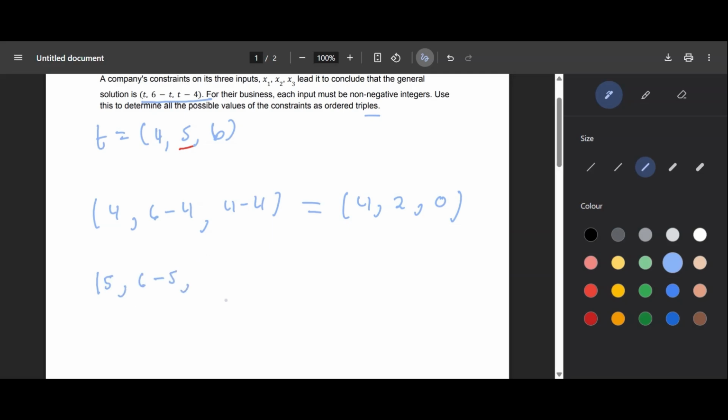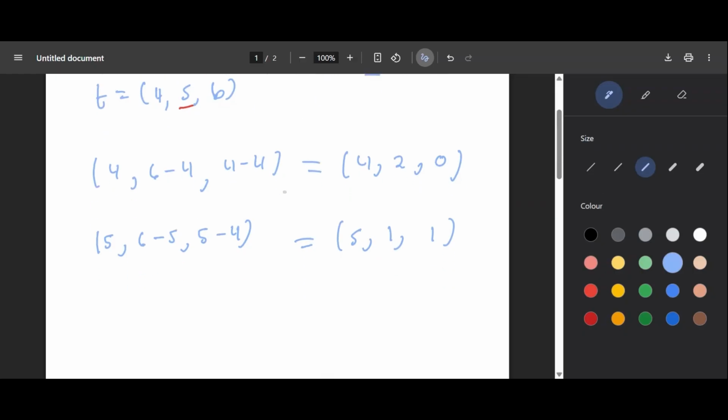All right, and then we'll have t minus 4. We're saying that t is 5. All right, so we have 5, 6 minus 5, and 5 minus 4. And that evaluates out to 5, 1, and 1. All right, and these are perfectly fine. 0 is a perfectly fine value. 1 is a perfectly fine value. -1 wouldn't be, but we made sure that that wouldn't be an issue.